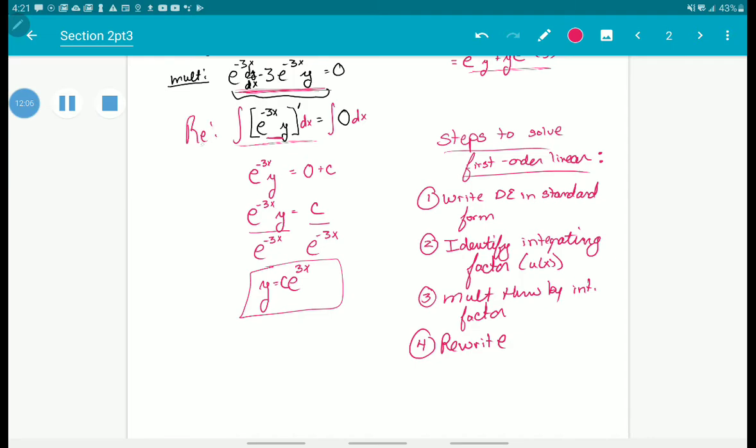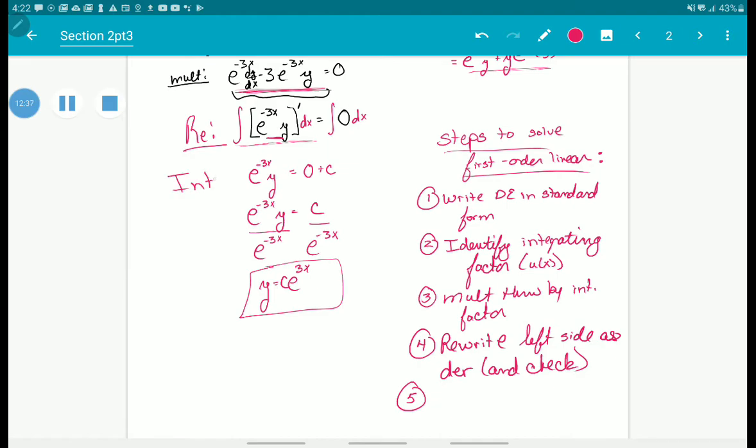That's also a great place to check. If this step is not equivalent to what you had above, then there is something wrong in the problem somewhere. So after we did that, we integrated.